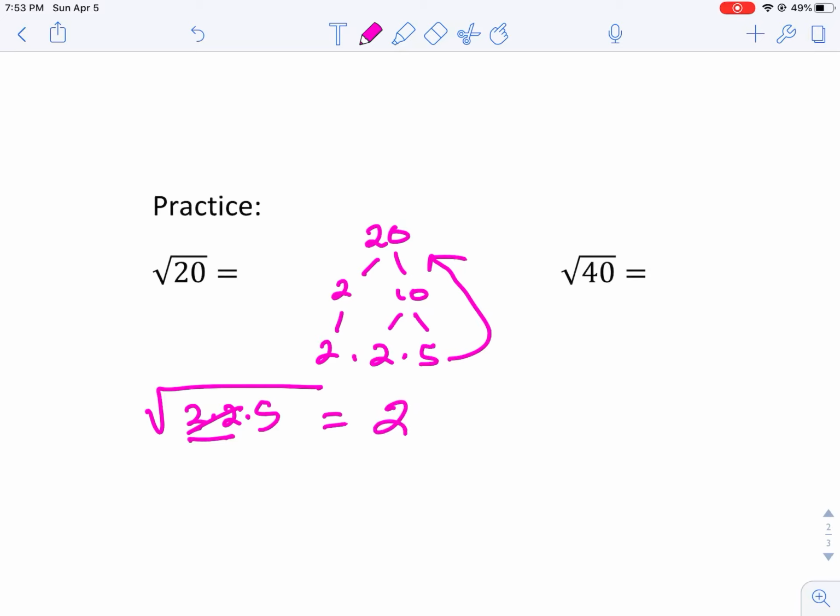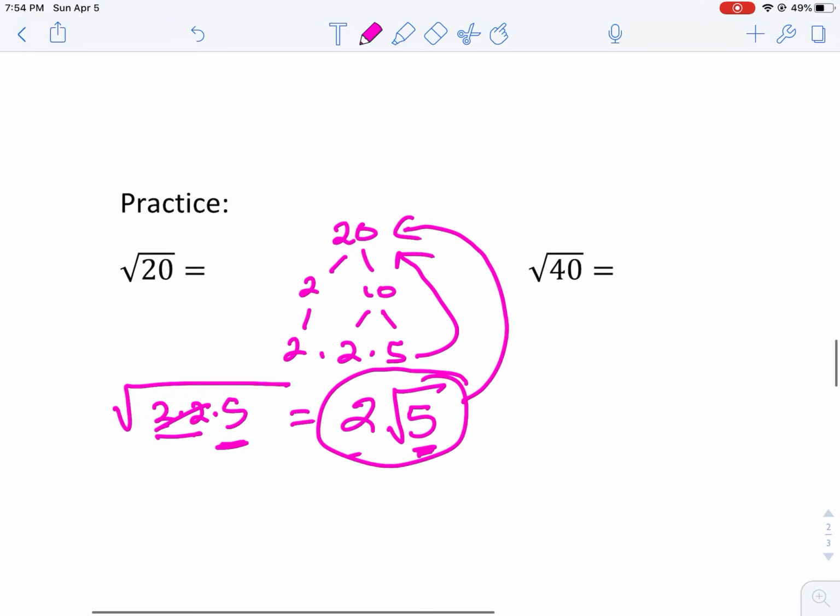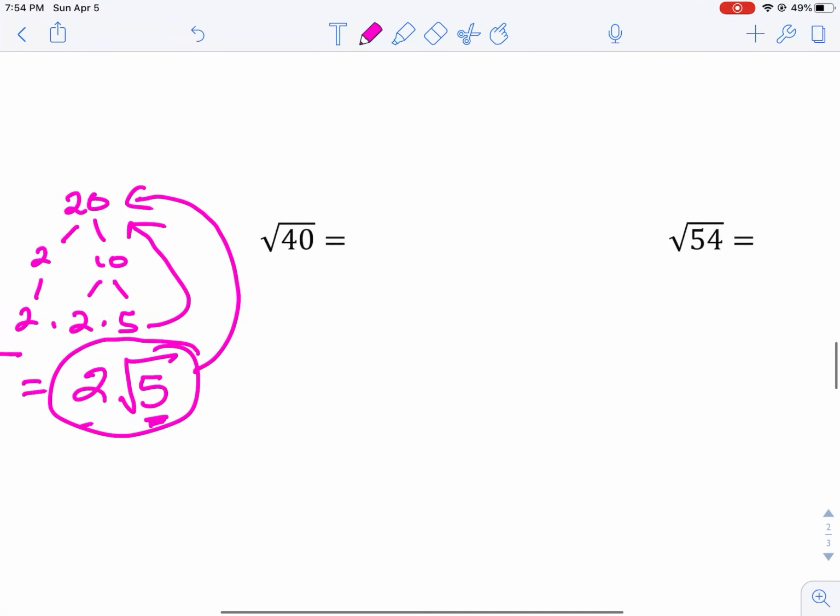Here's a pair. Take that out. That's on the outside. There's no pair with the 5, so it's left on the inside. So it's 2 times the square root of 5. That is a simplified radical. Notice nothing can be simplified more out of this, and we got a number on the outside.